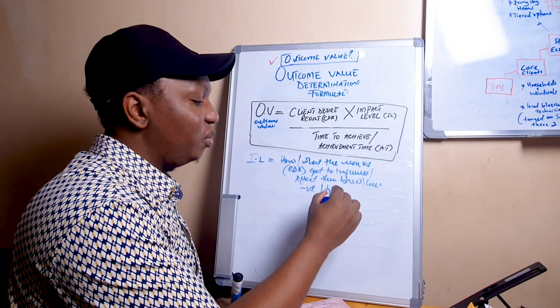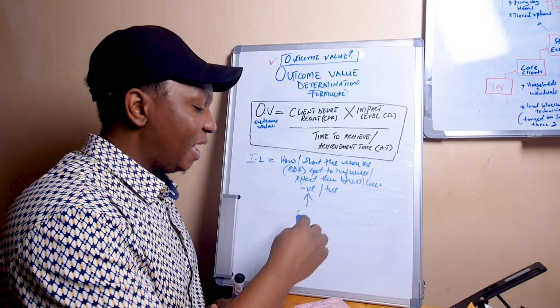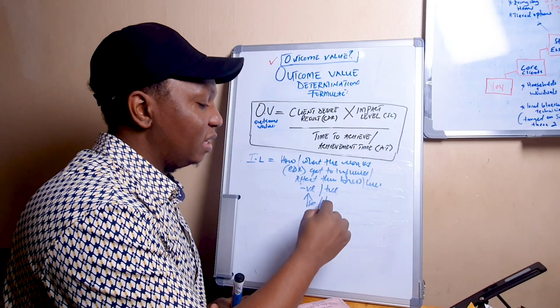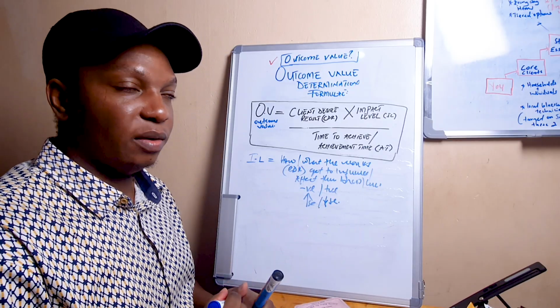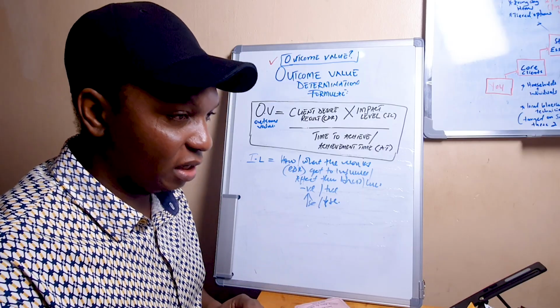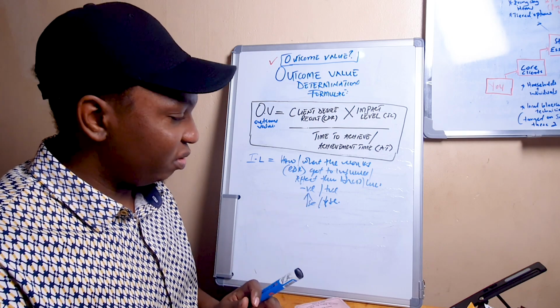It could influence them into increased growth, or at the same time decreased growth. So the impact level works in two ways: it either influences positively by increasing growth, or negatively by decreasing growth.